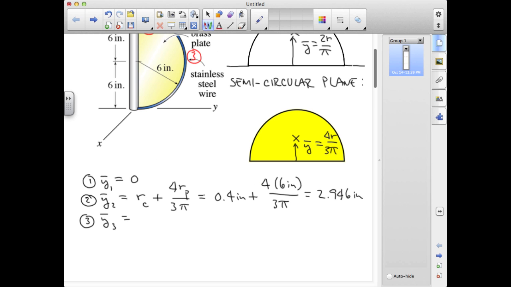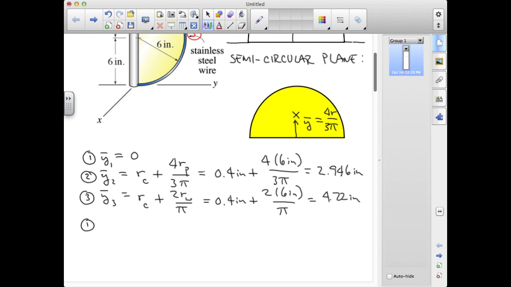For the center of the stainless steel wire, we're again adding the radius of the solid cylinder as an offset, plus now 2 times the radius of the wire over pi. And that's 0.4 inches plus 2 times 6 inches over pi. And that number turns out to be 4.22 inches.